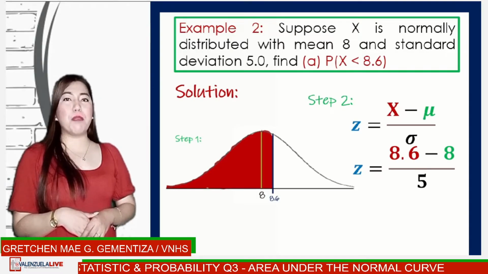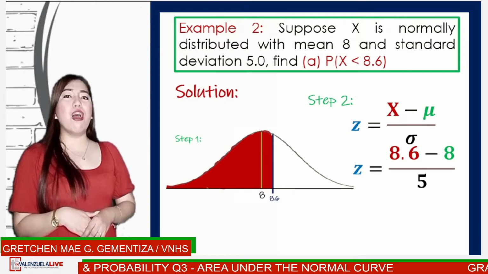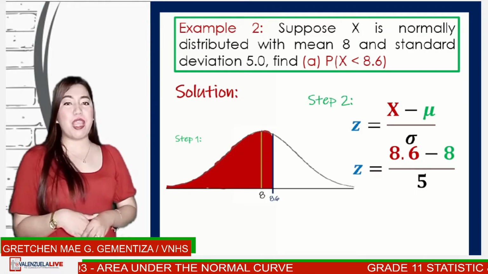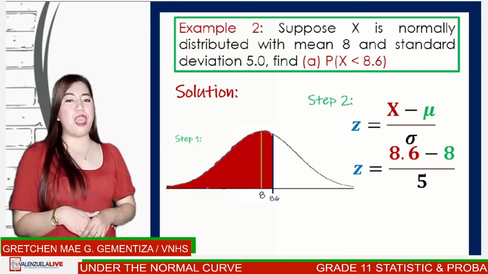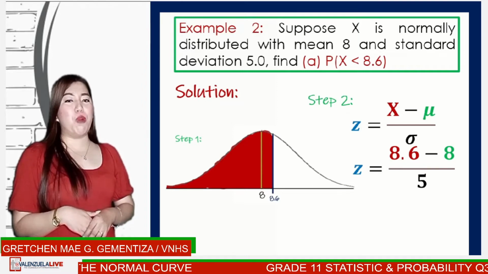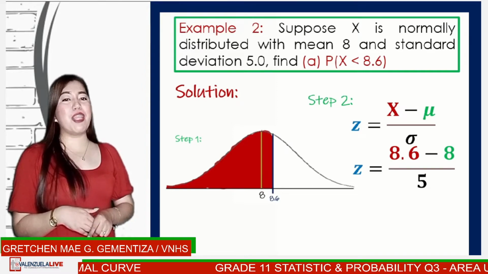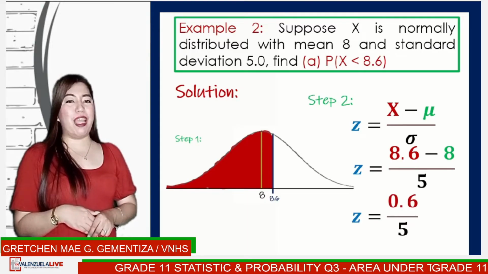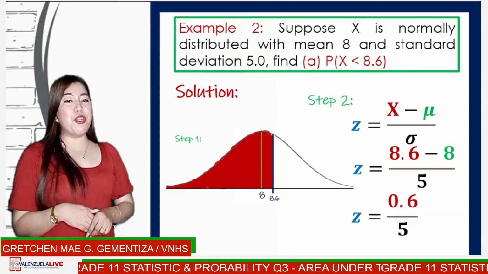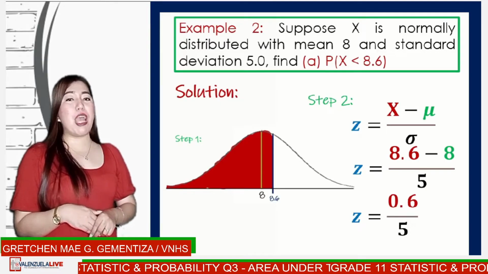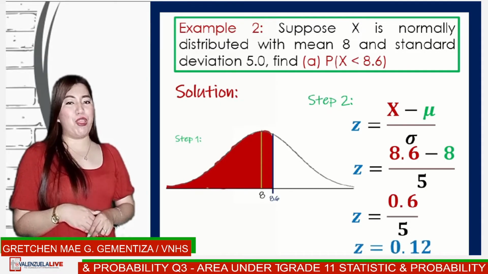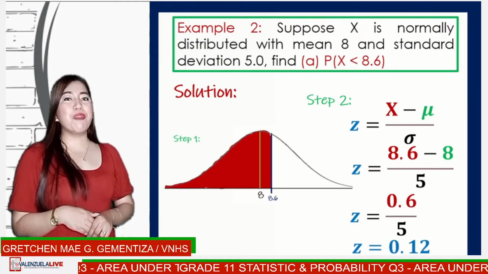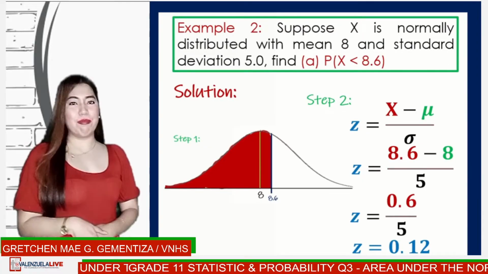So we have 8.6 minus 8 all over sigma, and the standard deviation given is 5. So the z-score is equal to 8.6 minus 8, which is 0.6, divided by 5. 0.6 divided by 5 is equal to 0.12. Therefore, the z-score is equal to 0.12.